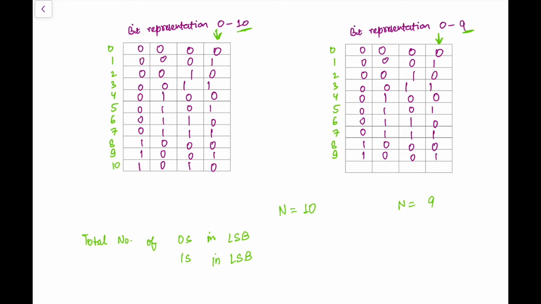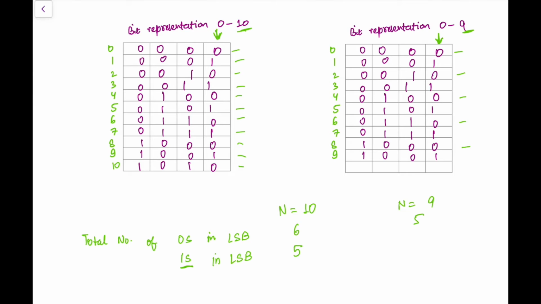Let's find the total number of zeros in the LSB for n equal to 10. So for n equal to 10, I can count 1, 2, 3, 4, 5, and 6. So 6 times 0 occurs. Also, I can see that for 9, it occurs 5 times. Now for ones, let's see how many times ones occur in the LSB when n equal to 10. So 1, 2, 3, 4, 5.